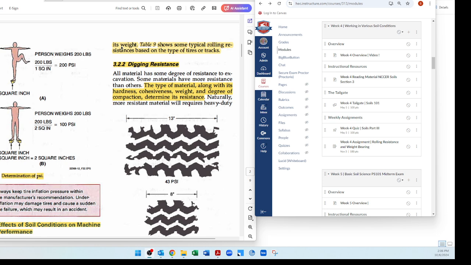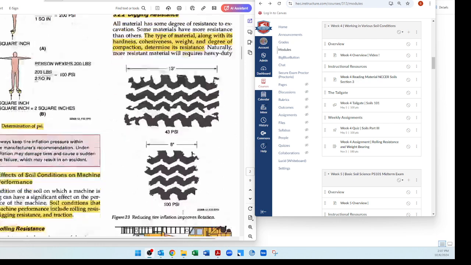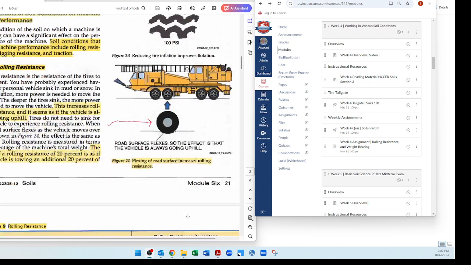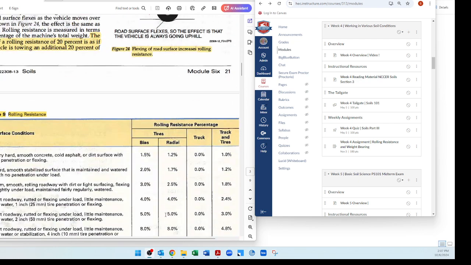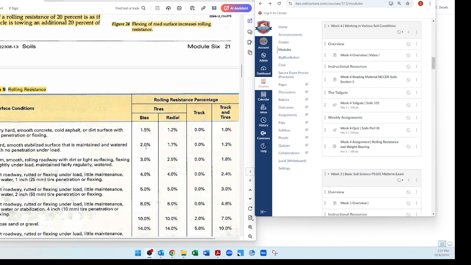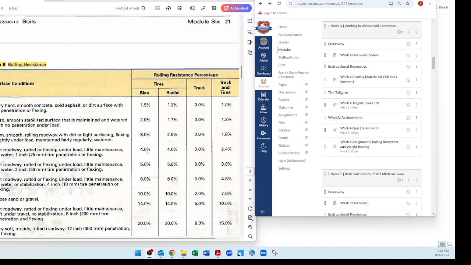So 54,000, as I said earlier, with a rolling resistance of 20%, that would be 1.20, which is about the same as 1.2.